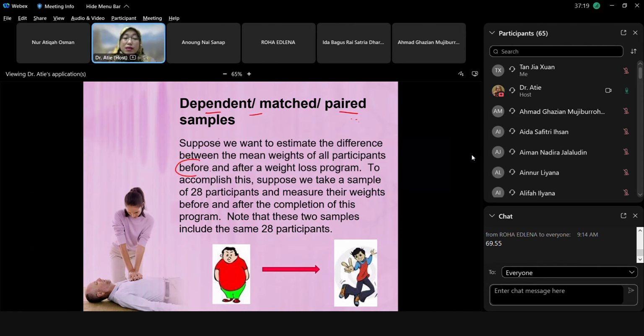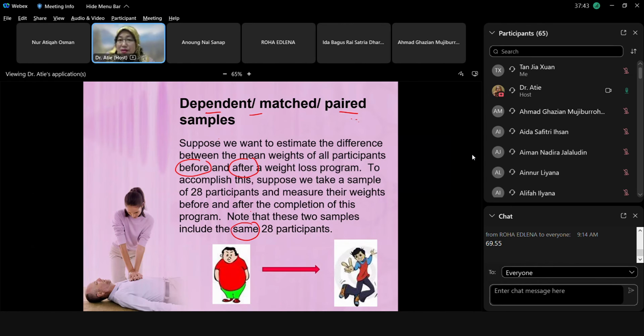It's quite a popular before and after situation. Suppose we take a sample of 28 participants and measure their weights before and after the completion of this program. Note that these two samples include the same 28 participants.